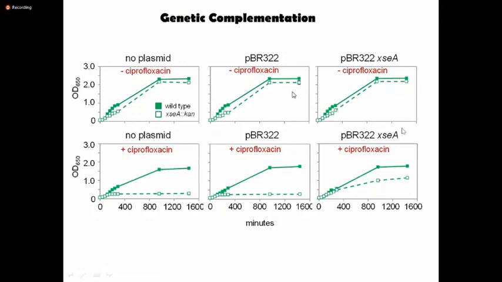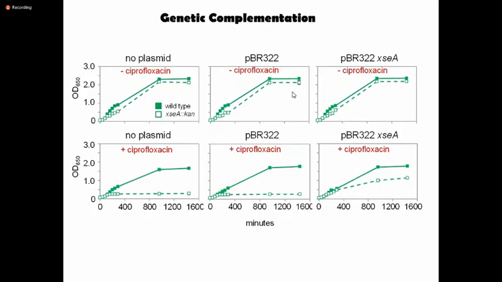But when you add XSEA and grow them in presence of ciprofloxacin, you can see that the cells start growing, because there's a major change from this data to this part. This suggests that XSEA is able to repair those DNA breaks which were generated by ciprofloxacin, which proves that XSEA is able to repair the DNA when ciprofloxacin has generated some DNA breaks.